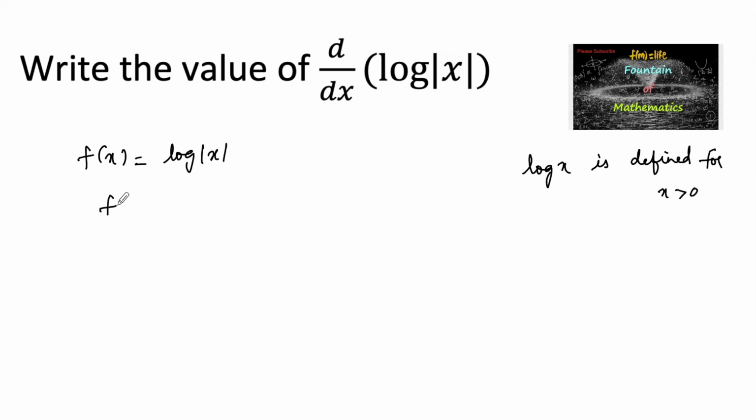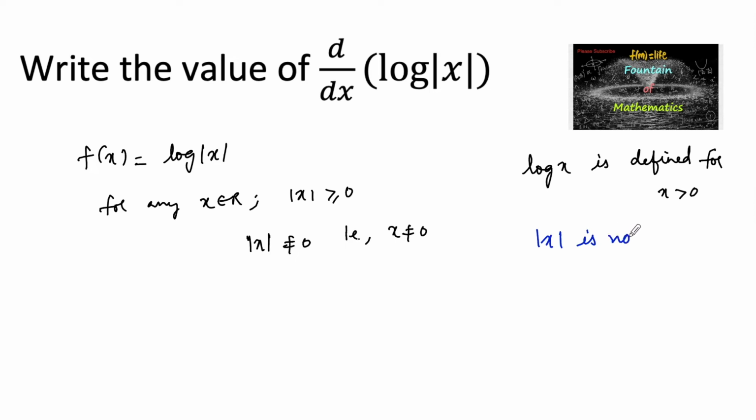And for any x belongs to R, we can say mod x is greater than or equals to 0, and here to define the logarithm, mod x should not be equal to 0. That is, x must not be equal to 0 is one case, and also we can just consider mod x is not differentiable at x is equal to 0.